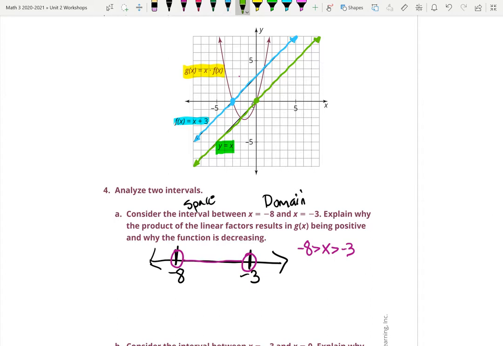So in the region, the outputs, notice how it is a negative number. All of my outputs in this region, so from -8 to -3, all of the green is negative.